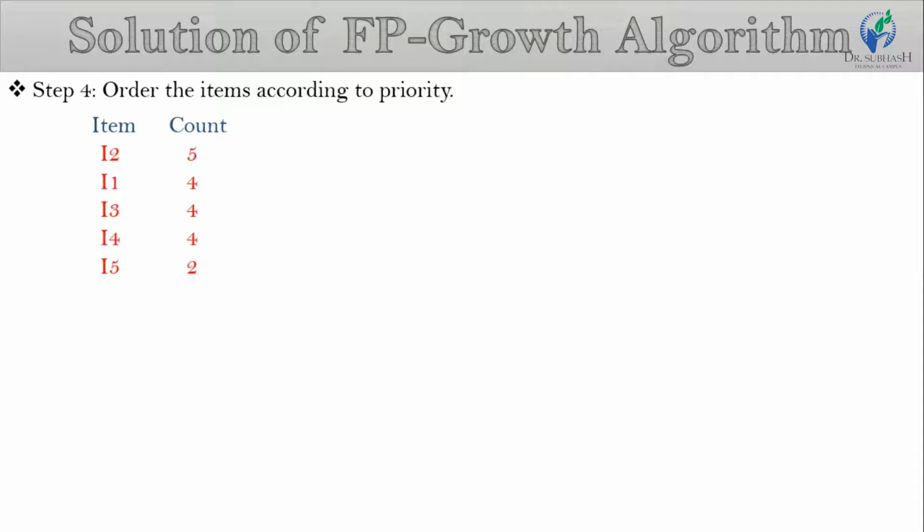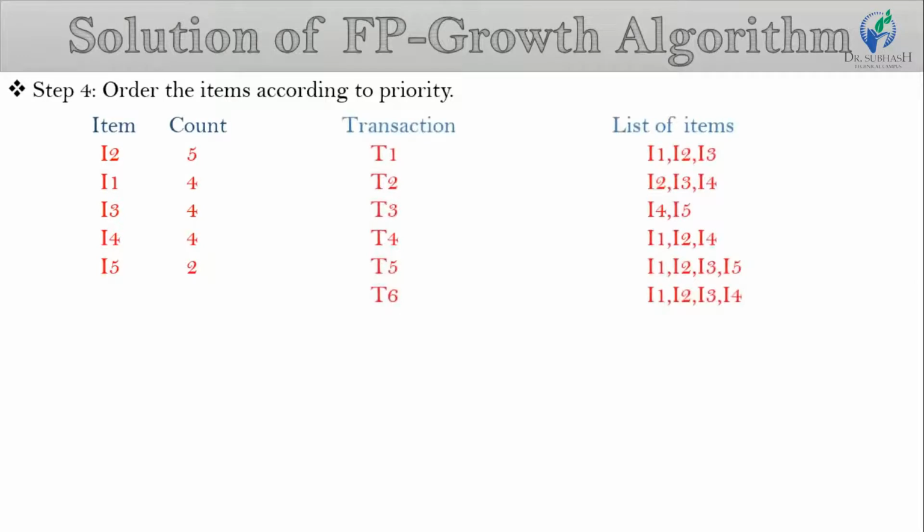In this table first we include I2, then I1, then I3, then I4 and I5. This is their count. So this is the final table according to priority. Here we see our original table. Now we rearrange our original table based on the items, listed priority-wise.